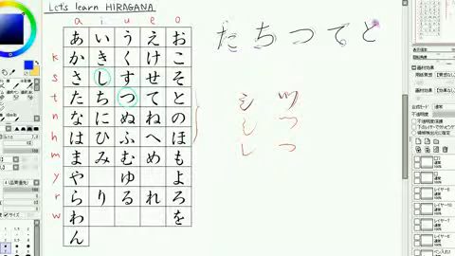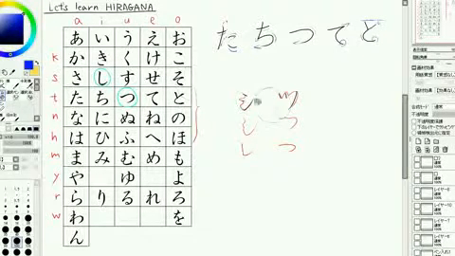So to make it cool, you should keep this part lower than the first part, and this part is round and you stop it here. So this hiragana is what is written in the back of a shogi piece, at the back of the pawn, right? That's why it's called tokin.